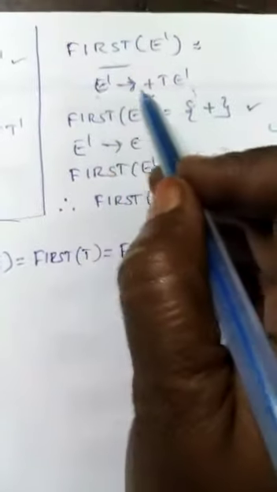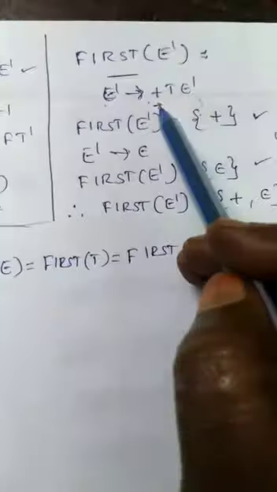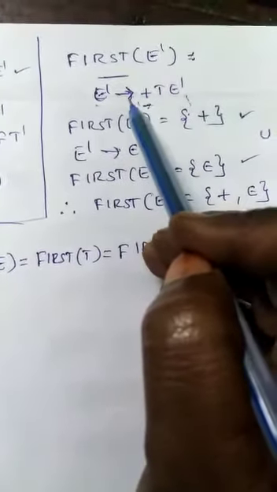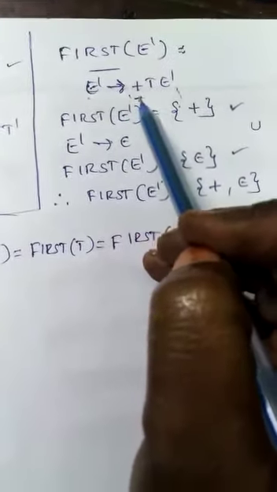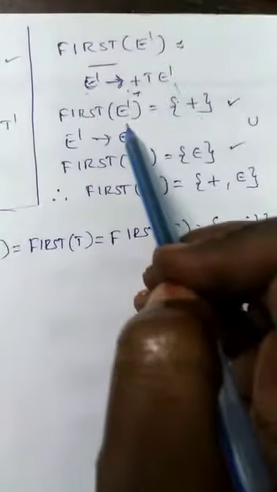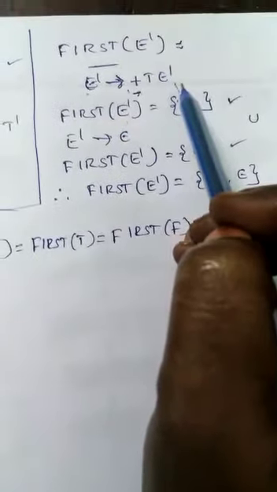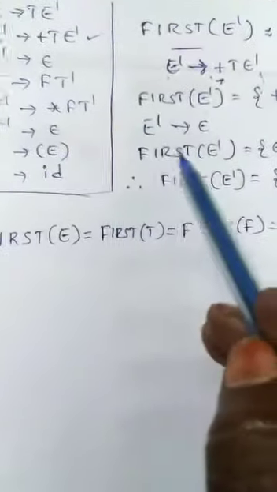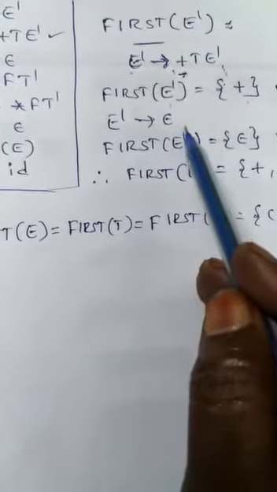So E dash tends to plus T E dash: immediately after the arrow comes the plus symbol, and that is the first value of first of E dash for this statement. Again, E dash has one more grammar, E dash tends to empty. So again you take the grammar E dash tends to empty.